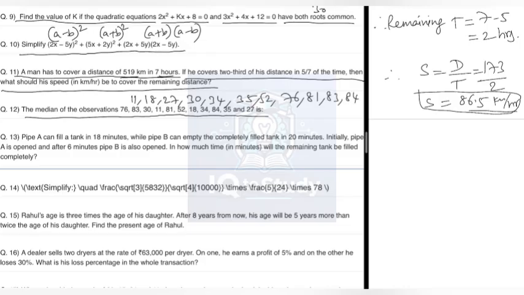And the total number of observations here is 11. Here the middle one is 35. So the median is equal to 35.